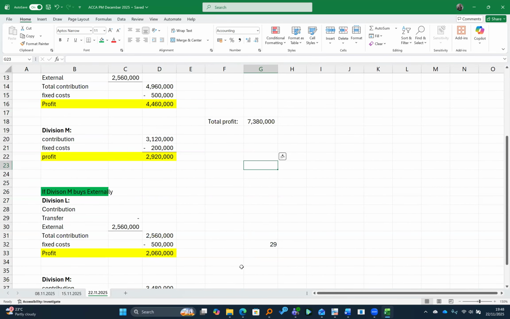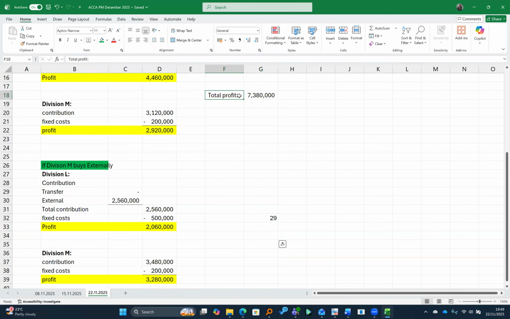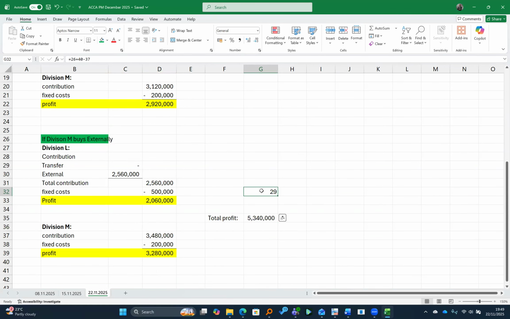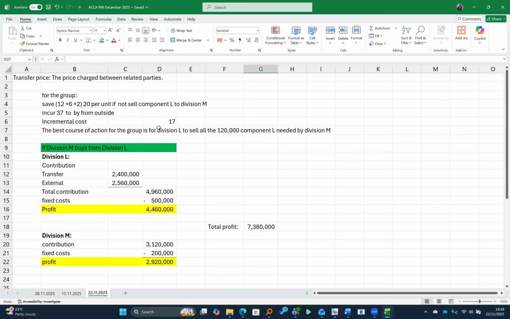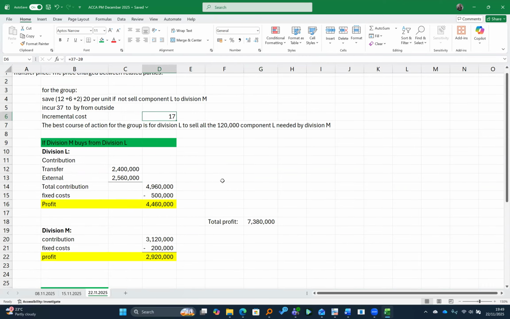But then if you consider it now here, it becomes only 5.34. So that's actually what it means. That's why when we did the first part, we said that they should actually transfer, because when they buy externally, the group loses $17 per unit.